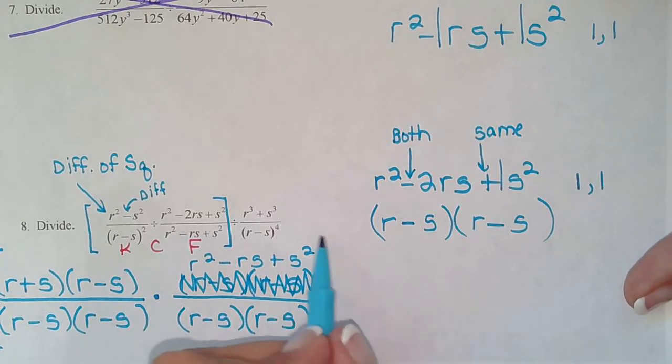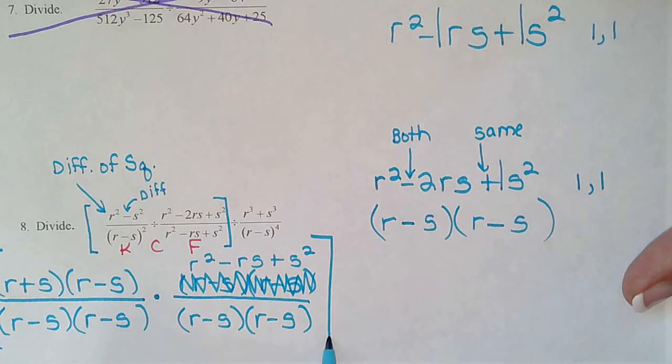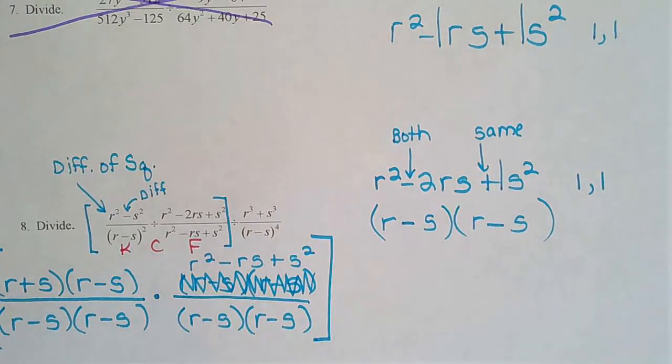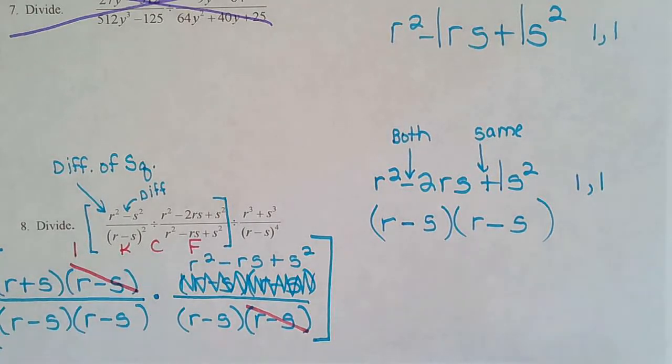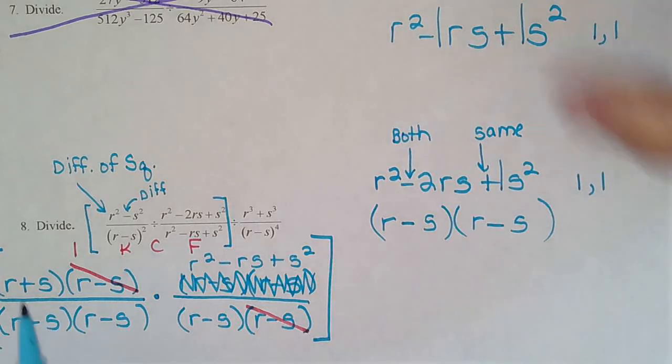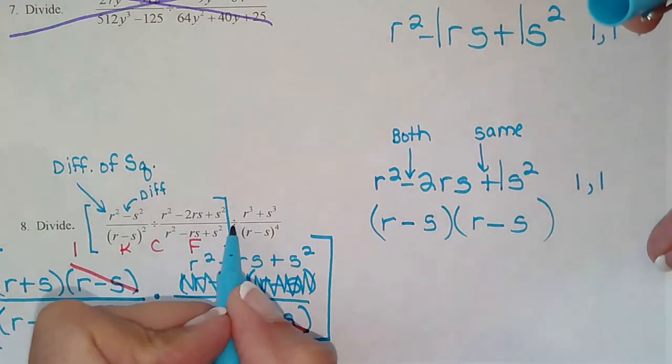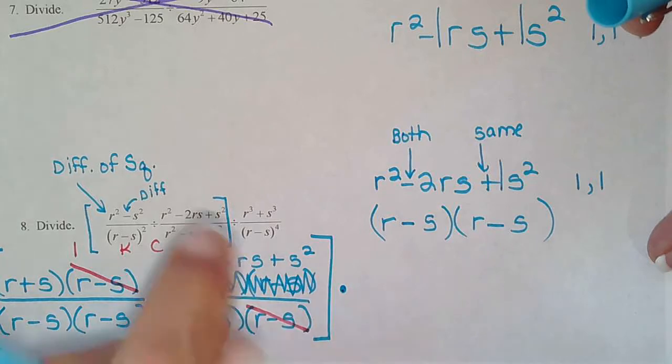Okay, so for right now, we're just going to deal with this. Not much we can do, it looks like. The only thing we can do is r minus s, right? Nothing else, because these are all in the denominator. Okay, so then keep, change, flip.